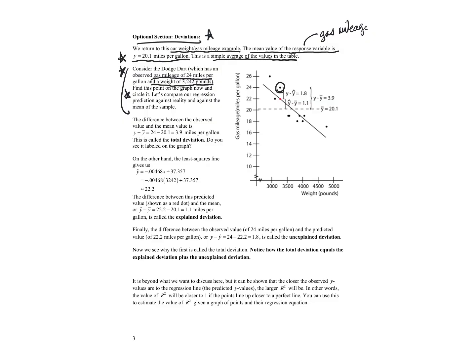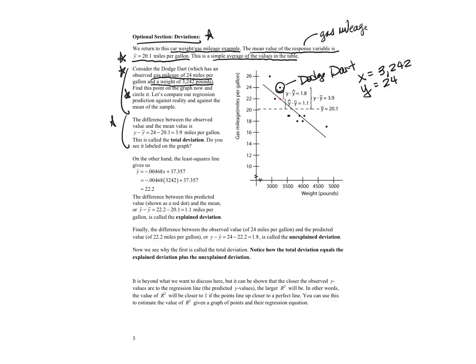And what we're going to do is compare our regression prediction against the observed value there, and also against the mean of the sample. Okay, so again, here's my Dodge Dart, and it had an X value of 3,242 pounds and a Y value of 24.